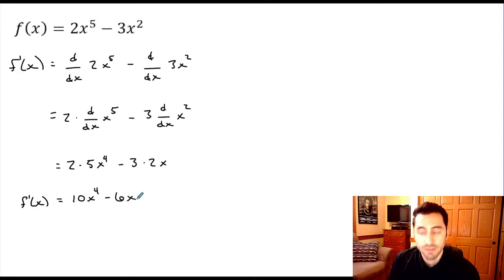So it's a nice, fast process for finding the derivative of a polynomial function. And now that we found that derivative, we can use it to find some other things. For example, let's say we want to find the derivative at 2. So now that we have the derivative, we can just plug in 2.